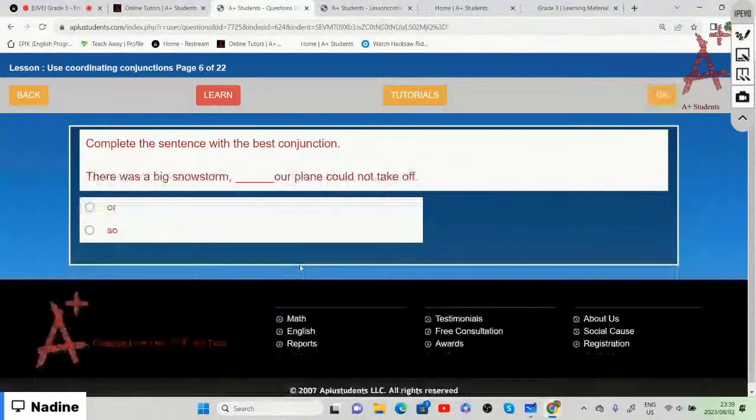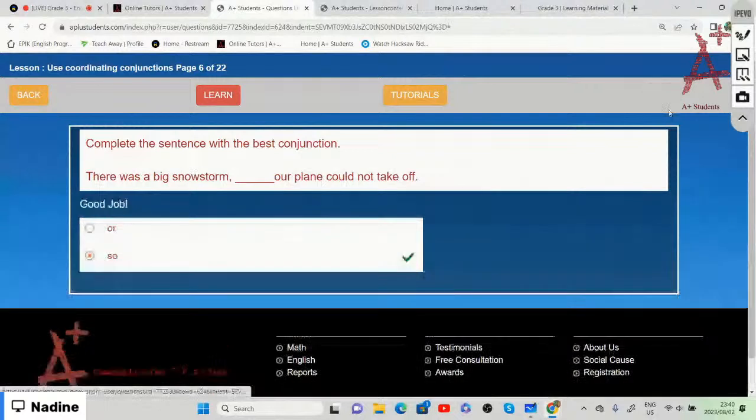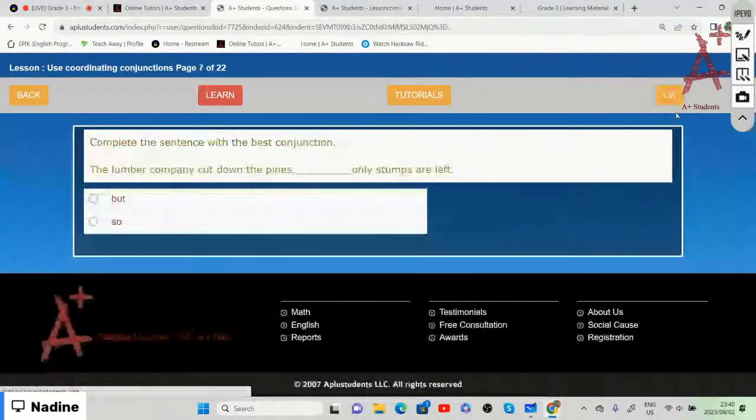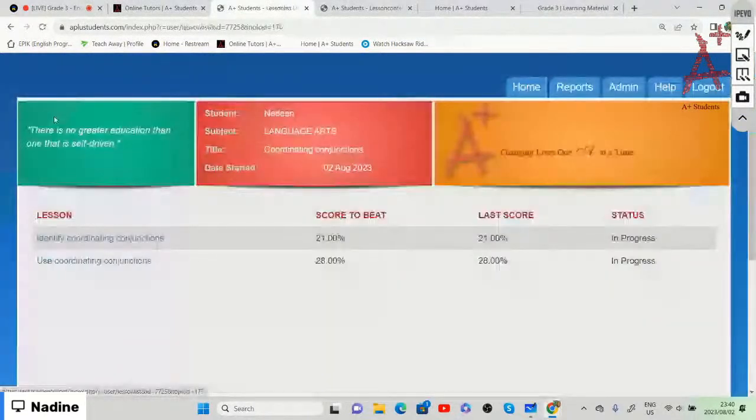All right, so if we choose the best conjunction to complete the sentence between or so, then we are going to choose: there was a big snowstorm, so our plane could not take off. So which means that because of the snowstorm, we could not take off.